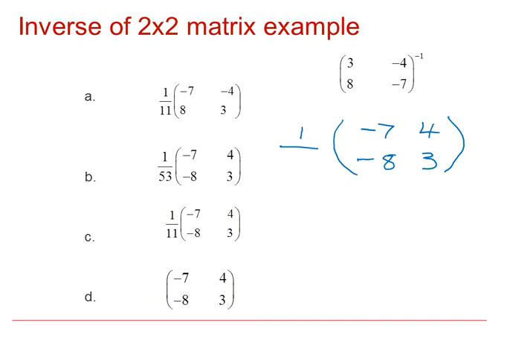In this particular case, we have the determinant being minus 21 minus 32, which would give us minus 11. So in this case we've got 1 over 11 and then those elements, which, as you can see, means that the answer here is C. You will probably have been quicker doing that on your calculator.